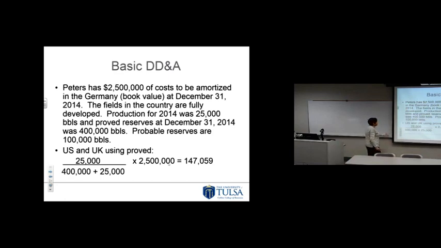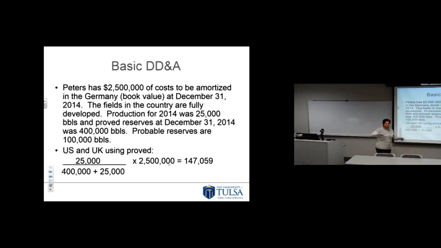I produced 25,000 of those. So 25,000 over 425,000 times the 2,500,000 is 147,059. That's my DD&A. Now that DD&A, that amount will be expensed on the income statement. So that's how these costs are going to be written off over full cost.